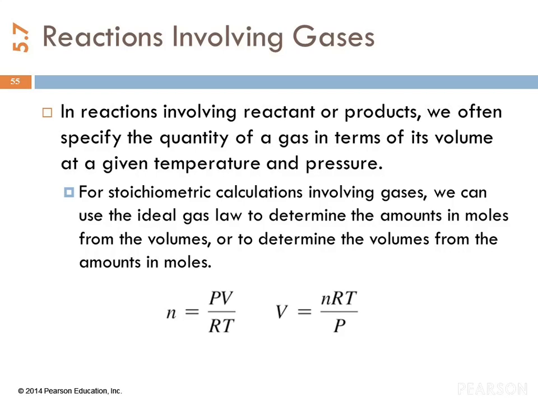So when we're doing stoichiometry with gases, we can use the ideal gas law to find the amount in moles, or we can sometimes use the molar volume of a gas if it's at STP. We can calculate the number of moles if we're given volume and temperature. We can calculate volume if we have moles and temperature.